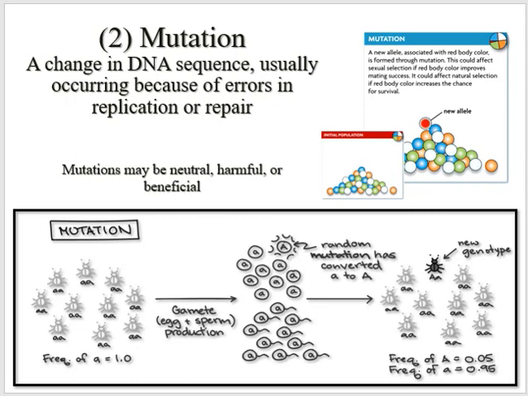Because they do not get repaired, they become fixed in the genome. And once they're fixed, they can become inherited. Usually, when we talk about mutations, we're talking about base pair substitutions, deletions, translocations, etc.